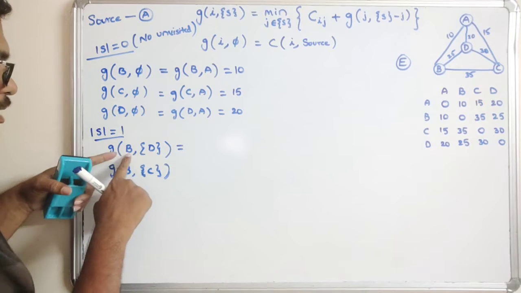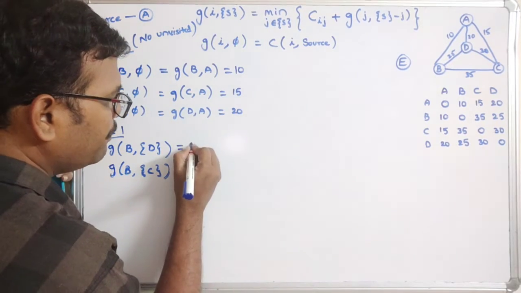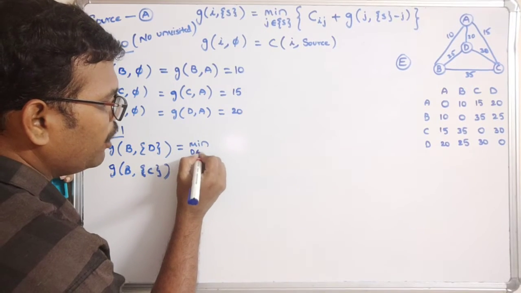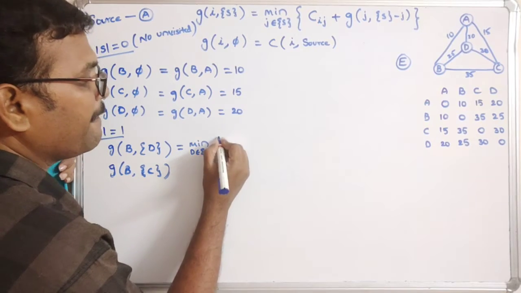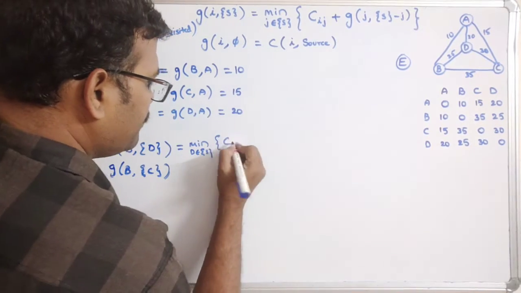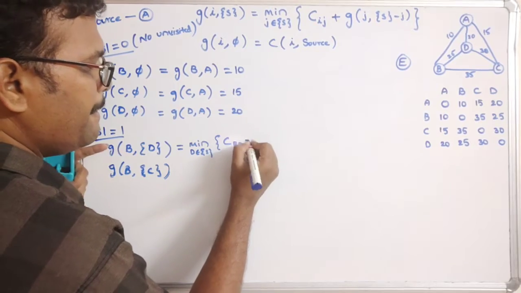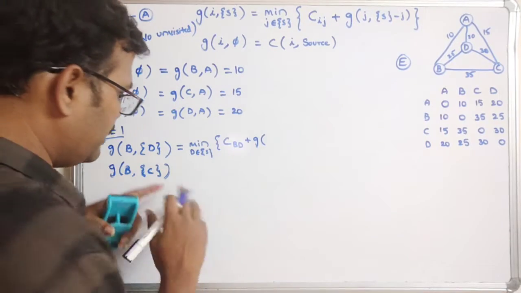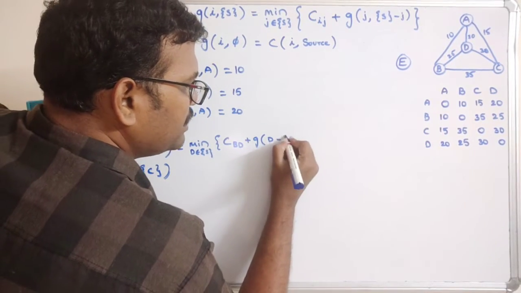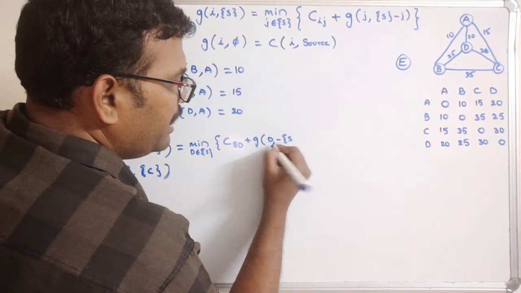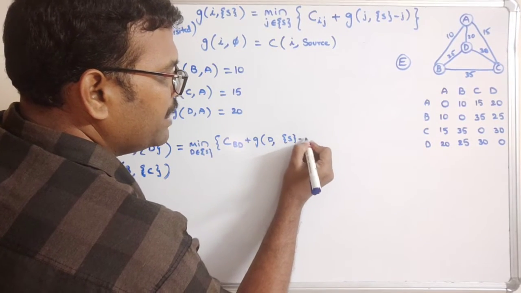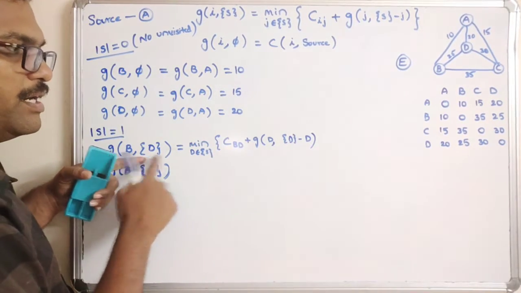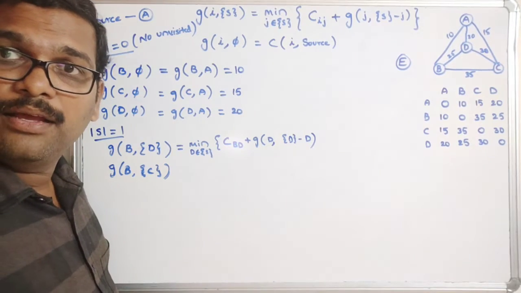So write down the formula here, B, D. What is the minimum of J belongs to S? Here J means D, D belongs to set S. So C_ij, that means C, B, D plus G of J comma set minus J. J here is D, D comma set minus D. Here the set is nothing but D. So D minus D, obviously it will be empty, right?